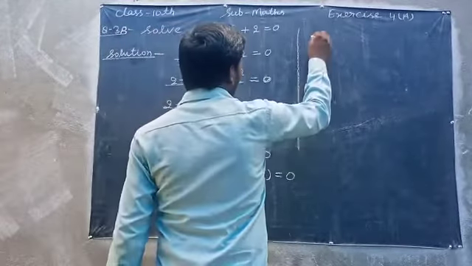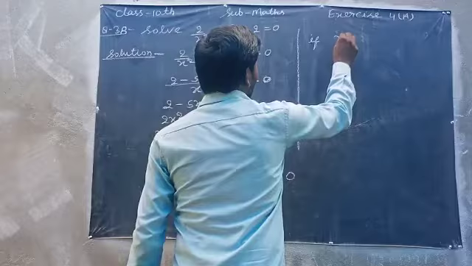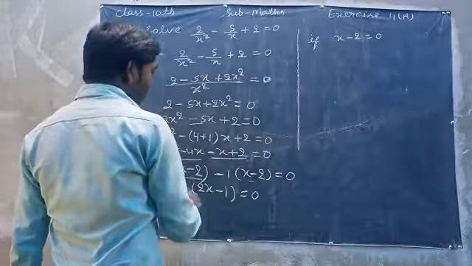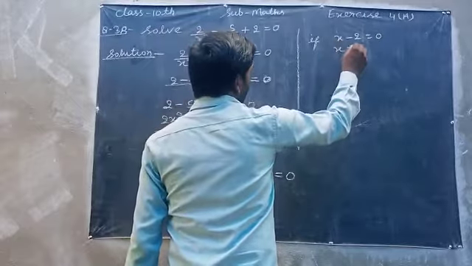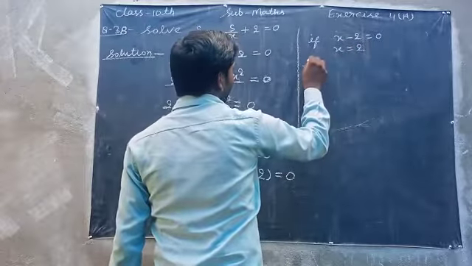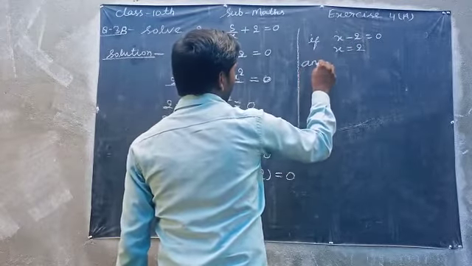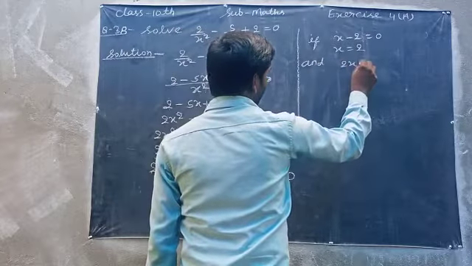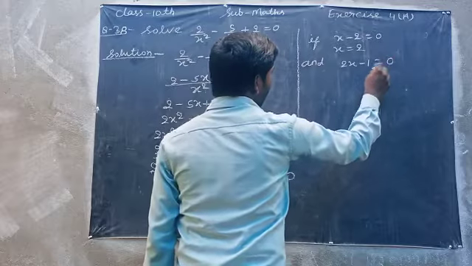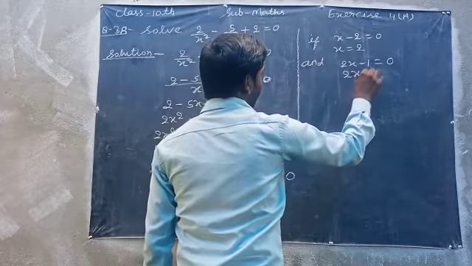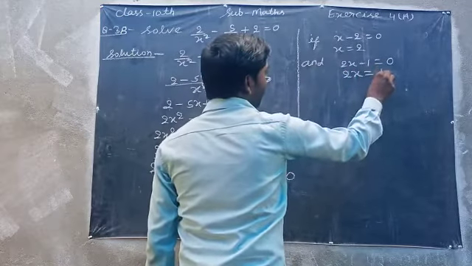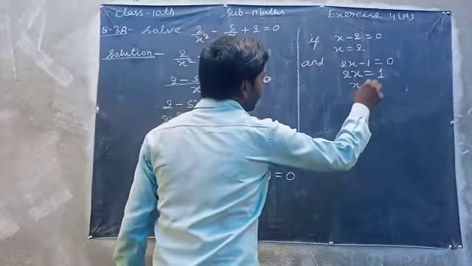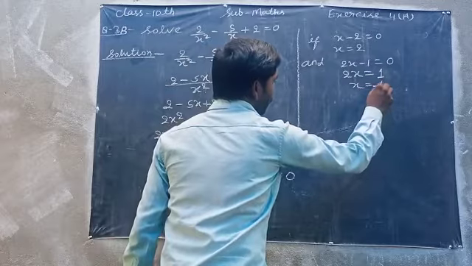If x minus 2 is equal to 0, then x is equal to 2. And 2x minus 1 is equal to 0, so here we get 2x is equal to 1 when it is transposed to the other side. So x is equal to 1 by 2.